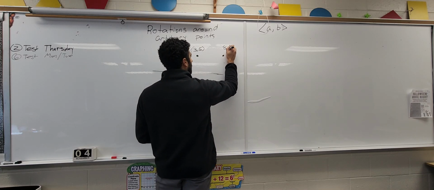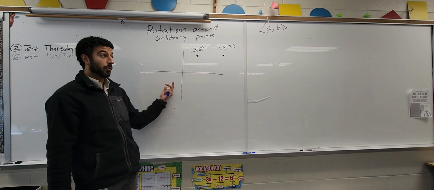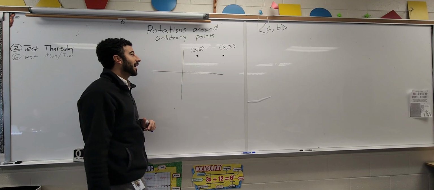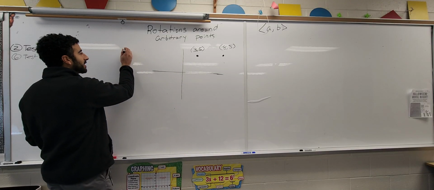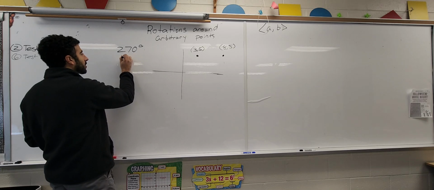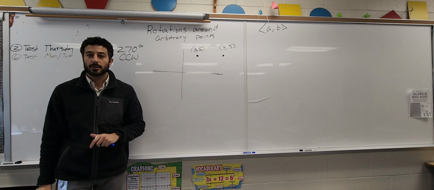All right? So I'm rotating a point around another point. What you guys have done, you rotate around the origin's a point. All right? And I want to rotate this point 90 degrees, actually let's do 270 degrees counterclockwise. Okay? Wait, 270 degrees? 270 degrees counterclockwise.